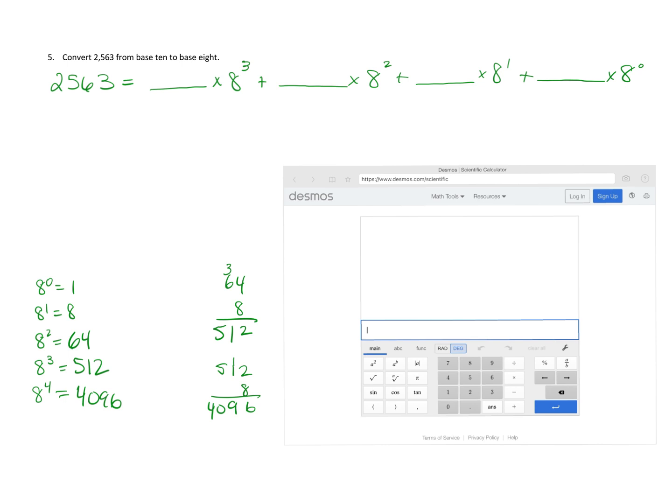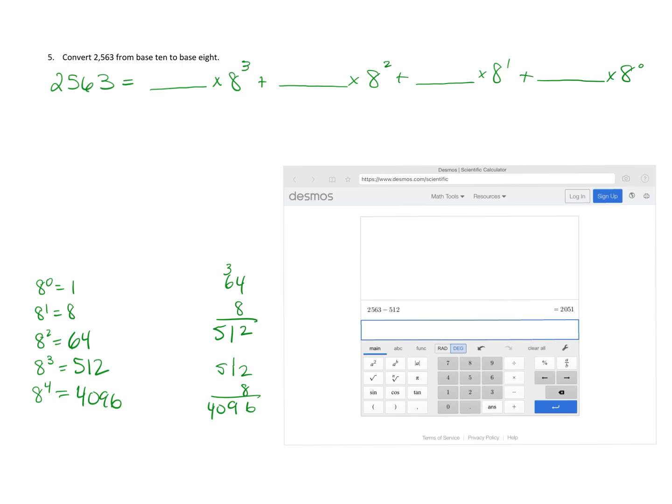Okay, so I have 2,563 and I want to subtract 512 and see how many times I can subtract it. Minus 512, and I have 2,051. So I can definitely subtract 1. I'm going to make a tally.